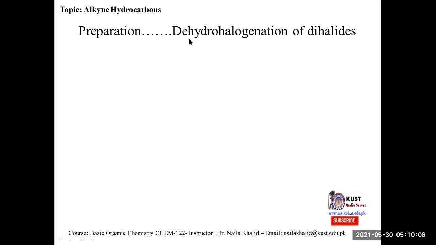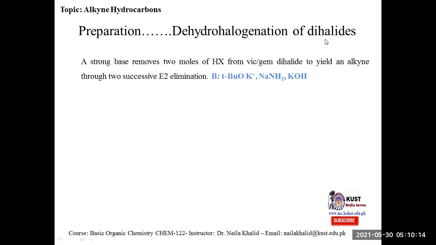Dehydrohalogenation means the process in which hydrogen and halogen are removed from the dihalide. So this process is very important. You need a strong base like potassium tertiary butoxide, sodamide, or potassium hydroxide for this type of process. You can use any type of dihalide, whether vicinal or geminal.